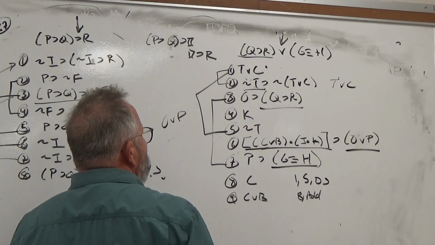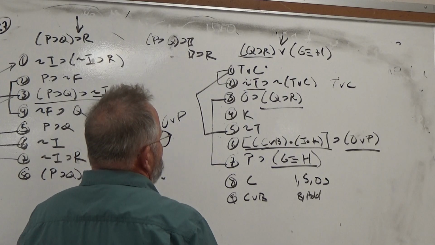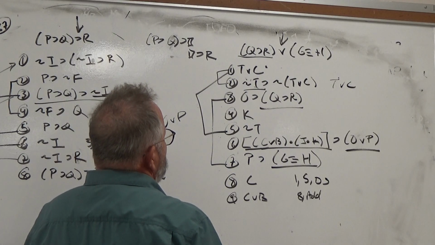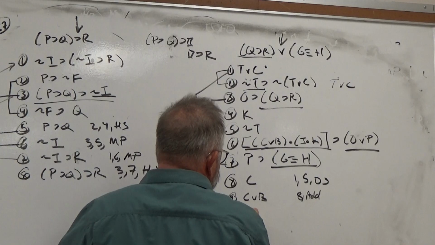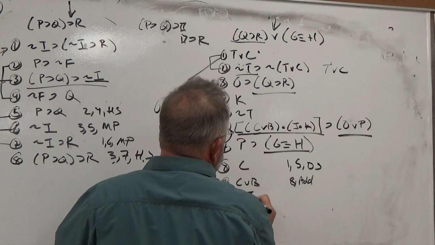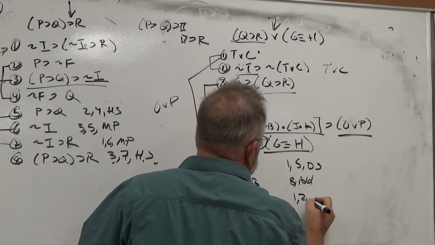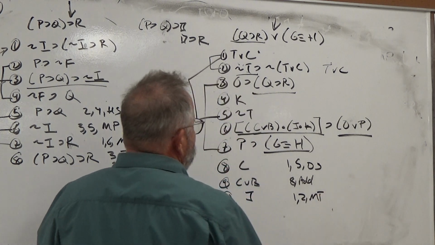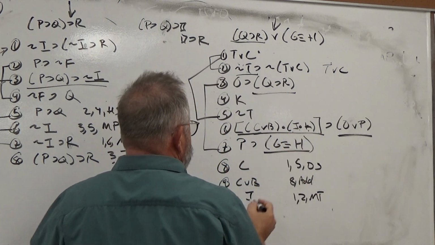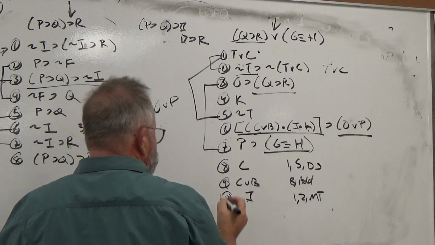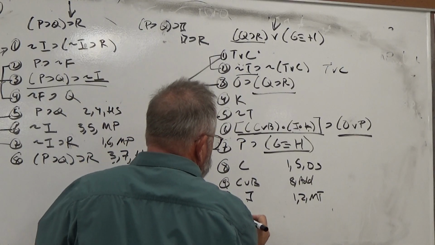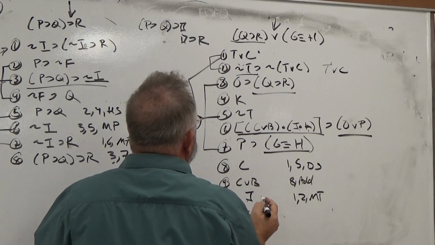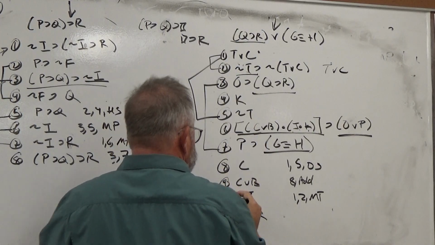So I just do a modus tollens with line 1 and 2, and that gets me J. 1, 2, modus tollens, and I need to put together this J and K. There's a J, there's a K, so let's put them together. J and K from 4 and 10.